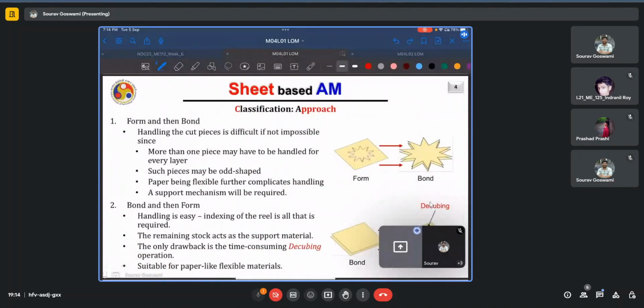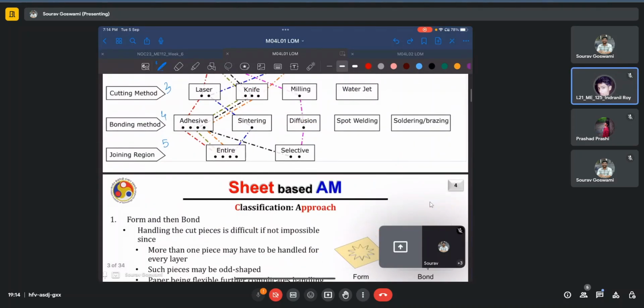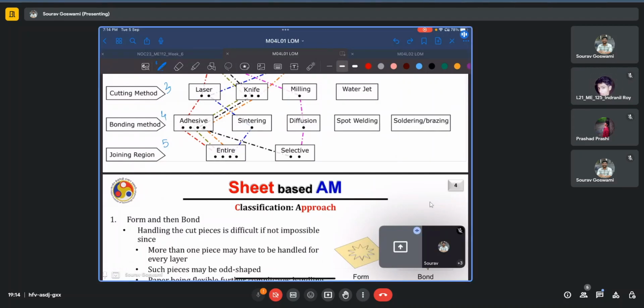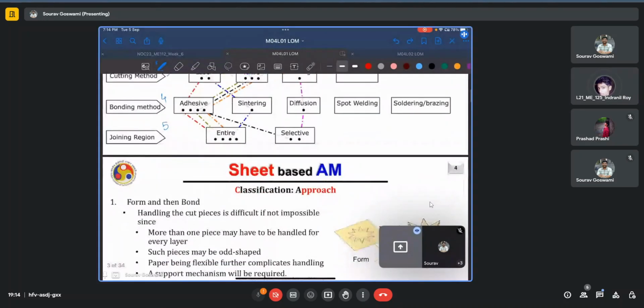Indranil, Prashant, could one of you please confirm? Yes, sir, you are audible. Audible, okay, but is the slideshow or the PDF moving? Yes, sir. Okay, fine, thank you.